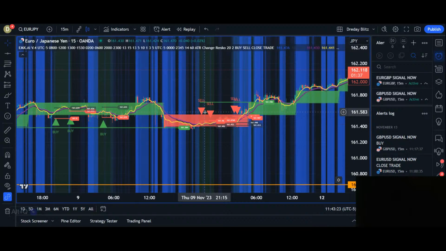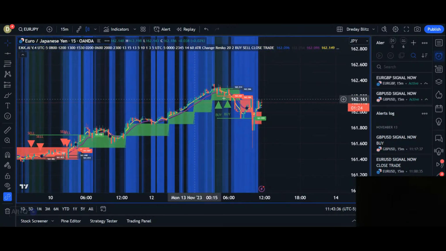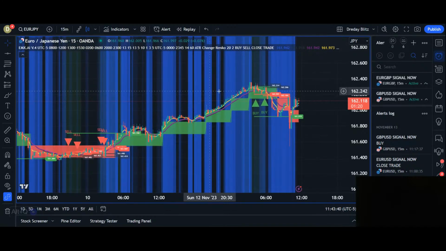Right now here, that was Tuesday, Thursday. So you had 4 sells, then it switched here. Doesn't matter. Close it out. Then you have 2 buys, close it out. It depends exactly on when you trade.